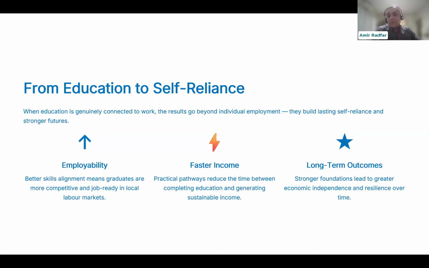When refugees are in jobs, they usually come back to these platforms and create their own organizations, maybe NGOs, to help more refugees, to create more job opportunities and more skills for other refugees at different education levels. So that's why we need to work together, from education to self-reliance, and to create faster income.